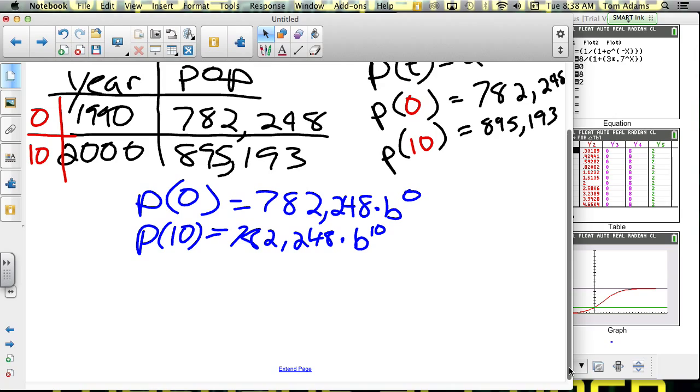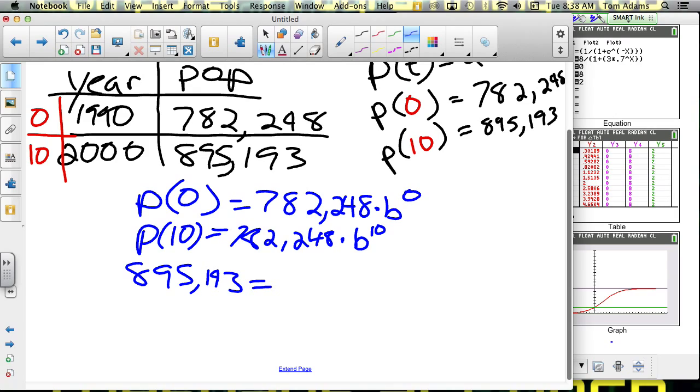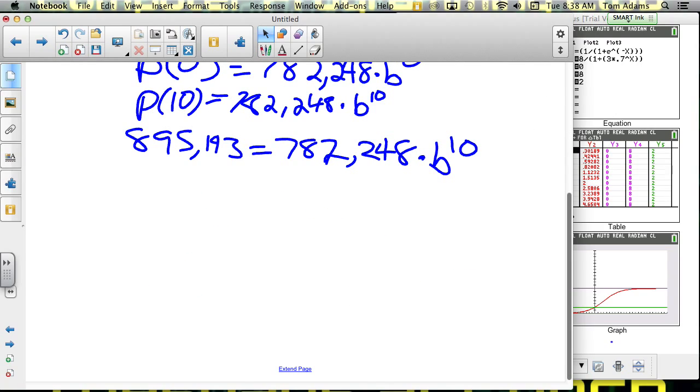Well, now, if that's the case, I happen to know that 895,193 is equal to 782,248 times b to the 10. So my goal, what am I trying to figure out at this point?